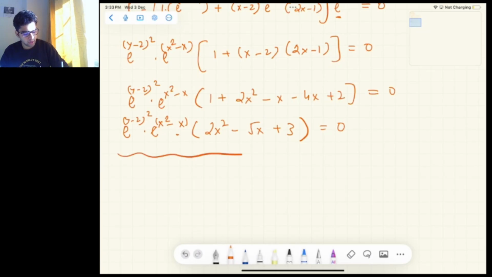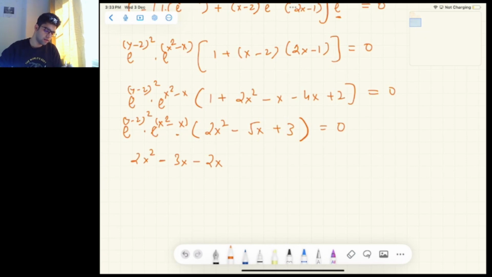So this whole expression can be 0 when this goes to 0. So 2x square minus 5x plus 3, so 6: minus 3x minus 2x, 2x square minus 3x minus 2x, yes, plus 3, which is equal to 0.